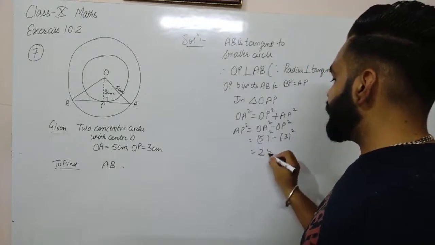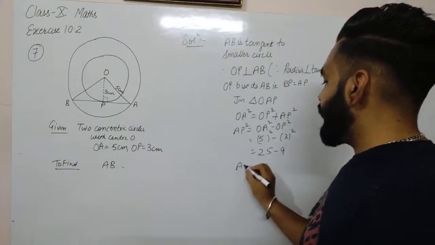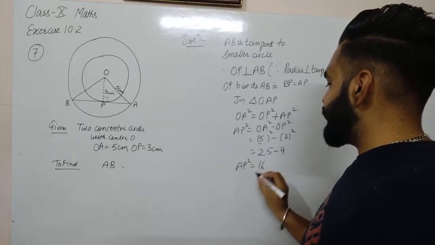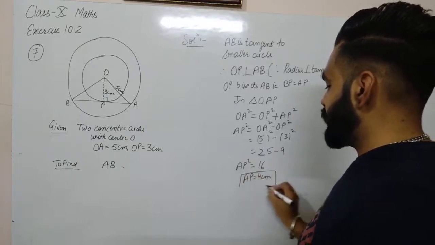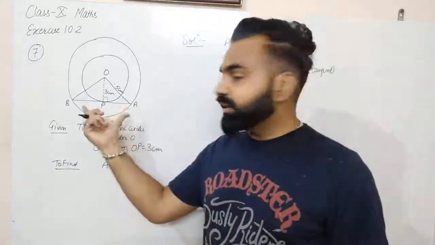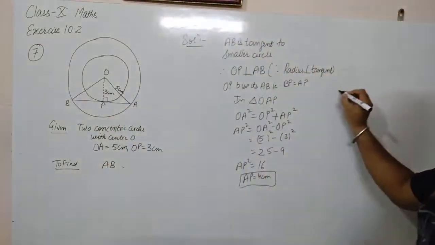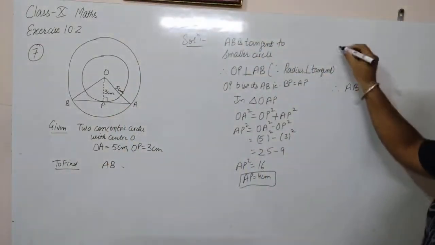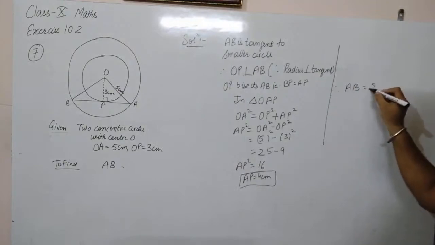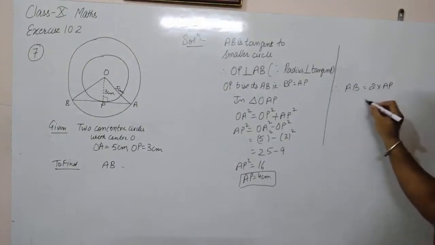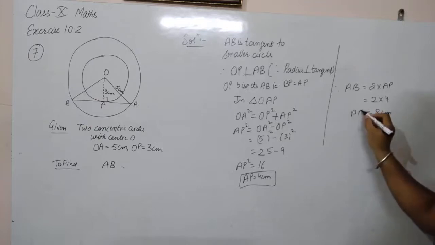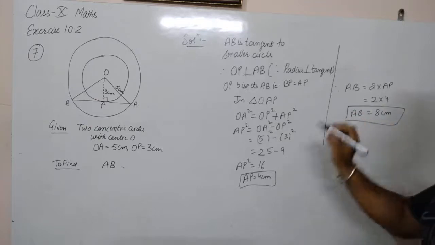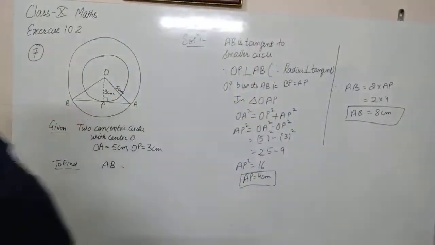So this is 25 minus 9. AP square is 16, so AP will be 4 cm. So this part is 4 cm. We have to find the whole part. So therefore AB will be equal to 2 times AP. So 2 into 4, this is 8 cm. So this is question number 7.